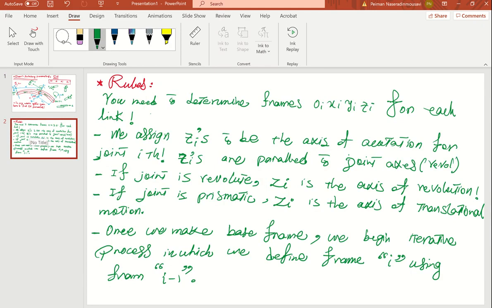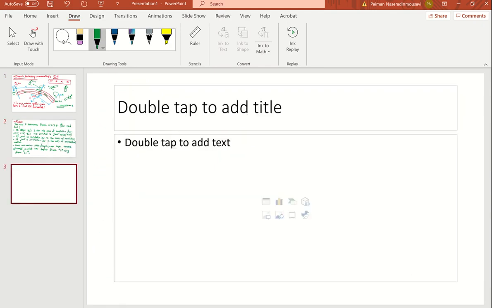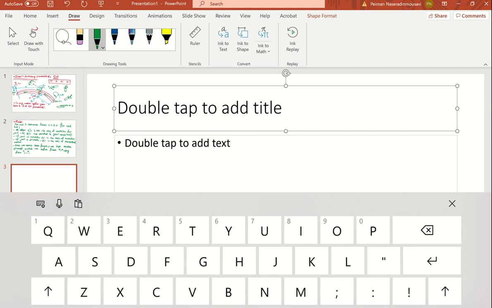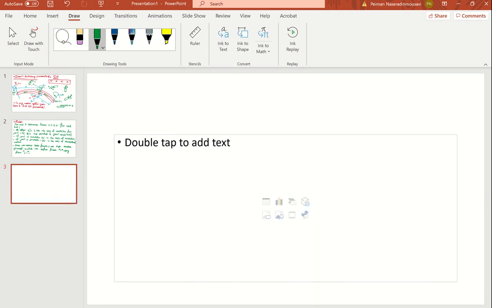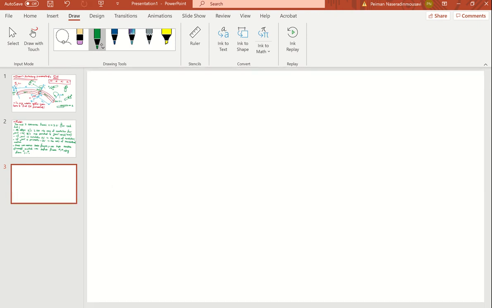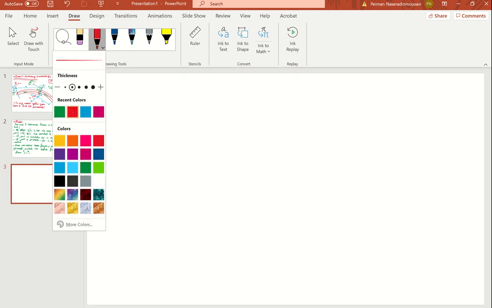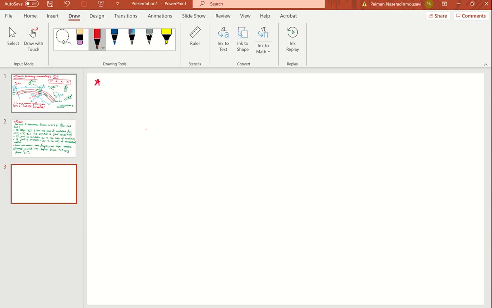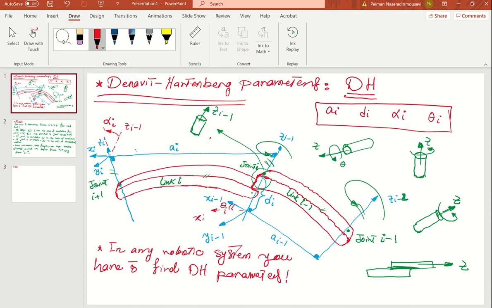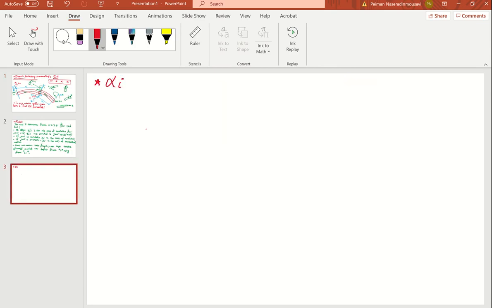Now, having these, we have to know how to calculate the DH parameters. We're starting with alpha i. Here, this is the alpha. As you see from this figure, this is the angle between the z-axes, but we have to know it.